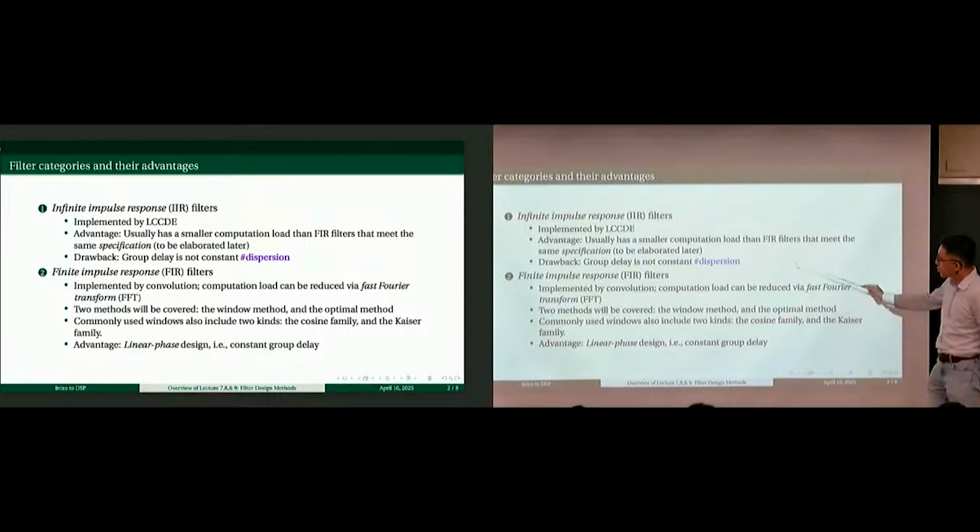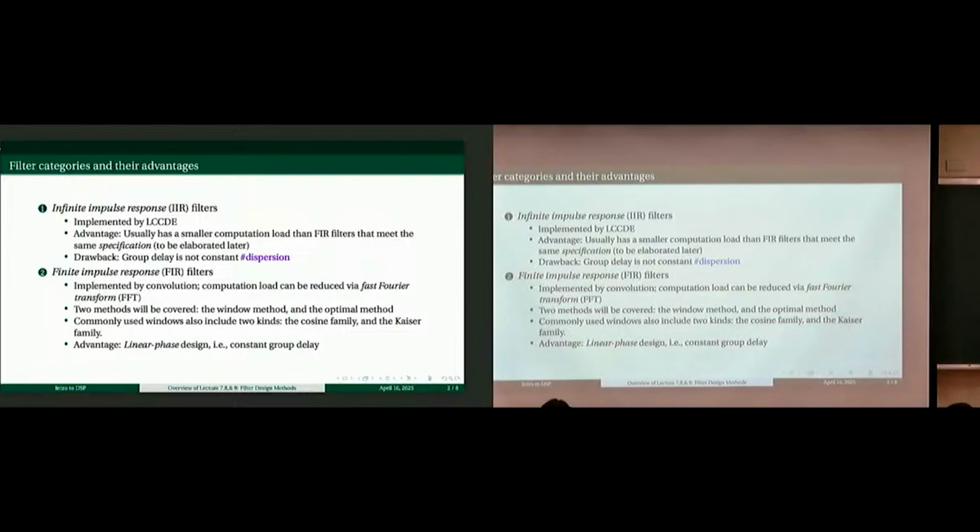But we're talking about group delay. Group delay cannot be constant for IIR filters. Whereas you will learn that the way we design FIR filters guarantees a constant group delay, which is a beautiful property. We will learn the reason why.